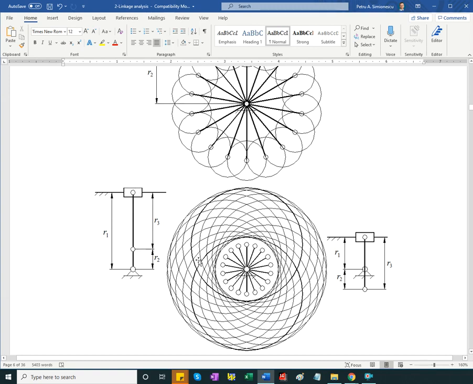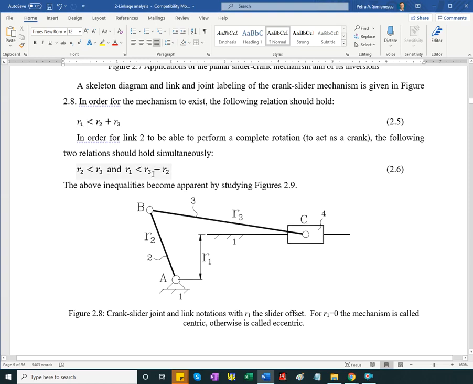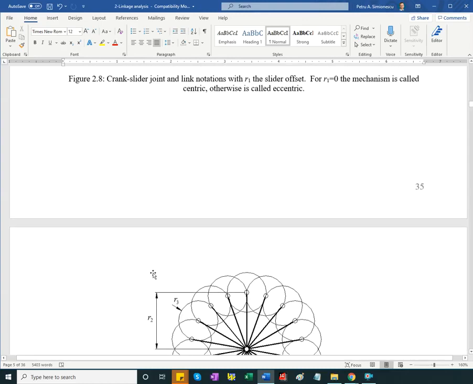And I have this family of circles. In order for the line of sliding to intersect all circles, the line of sliding has to go like so. No more, the highest it can go would be here to intersect all circles. The lowest will be here. And this is justification for the second requirement in order to have full rotation for link R2.